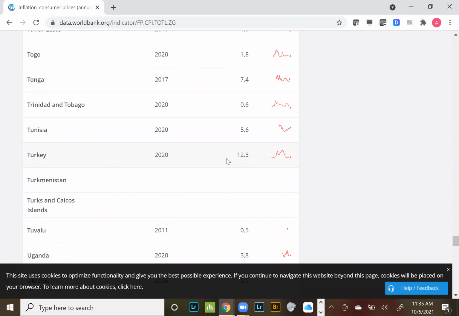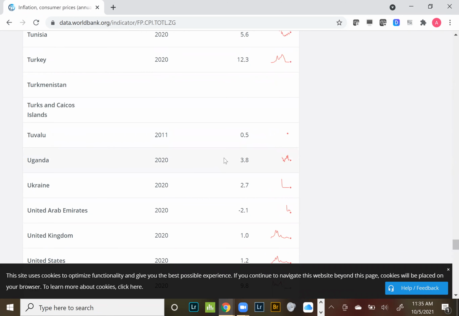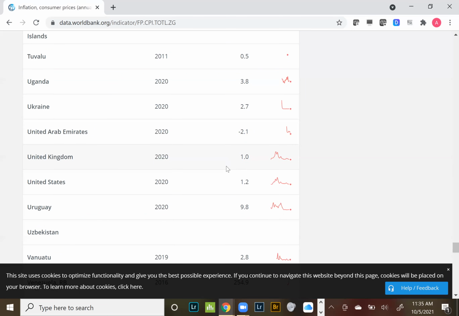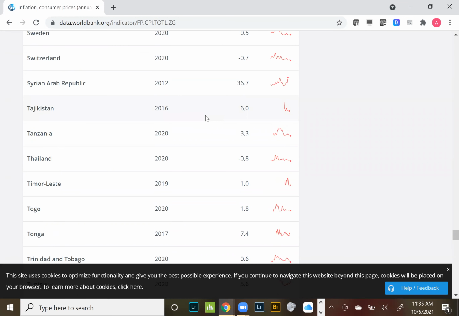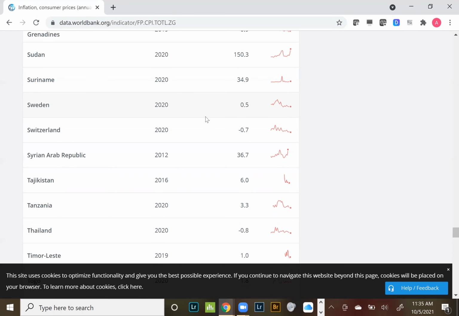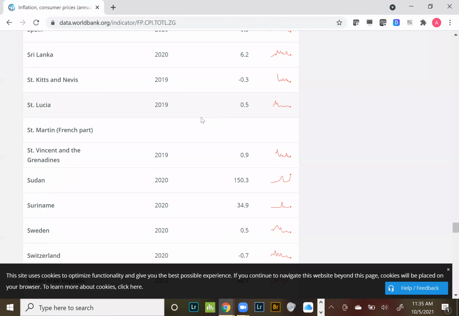Turkey, 12.3, that's good. They used to have much higher inflation. United States at this point was at 1.2. That was probably recorded during the height of the COVID, though, because when the COVID was around, there was a lot less economic activity, and you would expect to see less inflation than what you normally get. In fact, that might be why some of these Western European countries have such low inflation rates, because they were locked down.